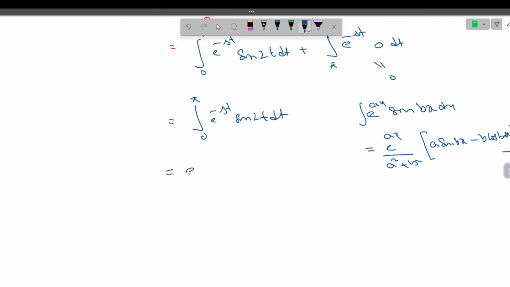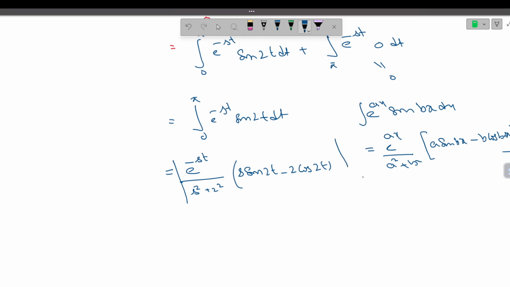So e to the power of minus st by s square plus 2 square, into, a is minus s and b is 2, so minus s sine 2t minus 2 cos 2t.